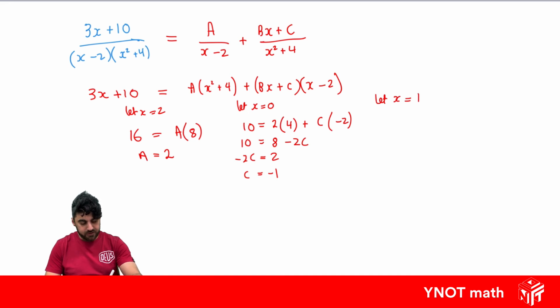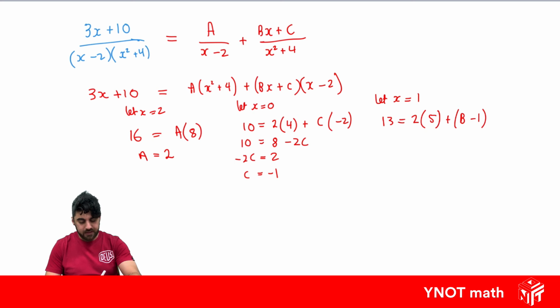So we'll get 3 times 1, which is 3, plus 10, which is 13 on the left. We'll get a, which we know is 2. Letting x equal 1 here, we get 1 squared, which is 1, plus 4 is 5. Plus b, we don't know. x is equal to 1, so we just get b there. Plus c, which we know is minus 1.